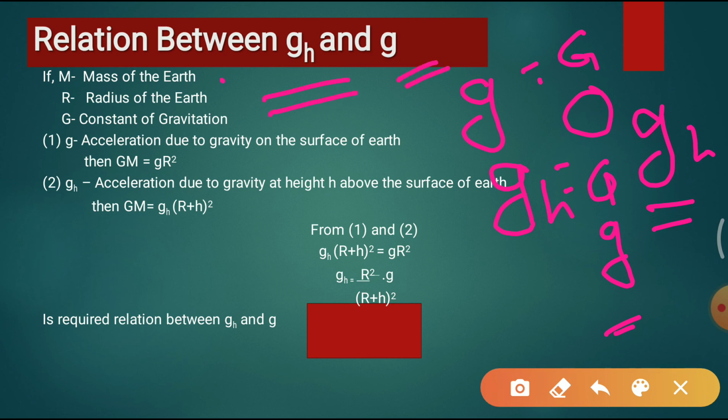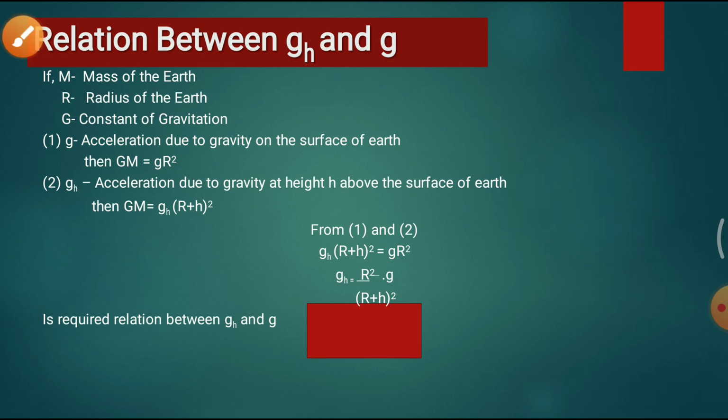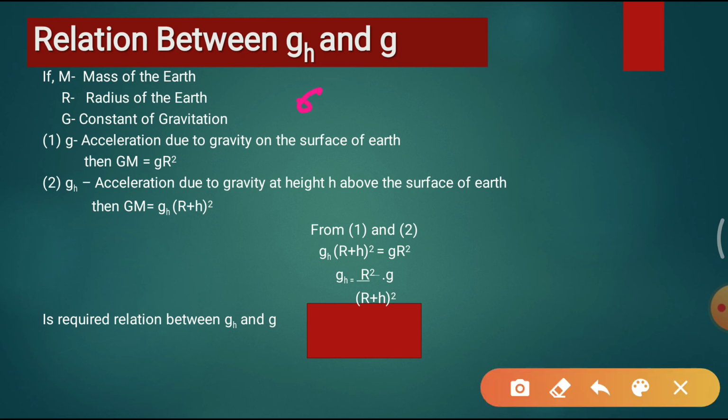Here M is the mass of the earth, R is the radius of the earth, and G is the universal gravitational constant, whose value is 6.67 into 10 to the power minus 11 Newton meter square per kg square.